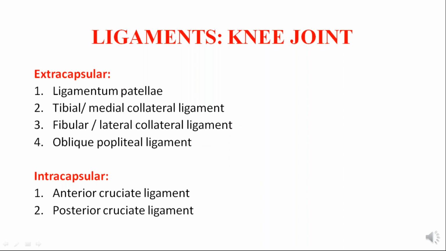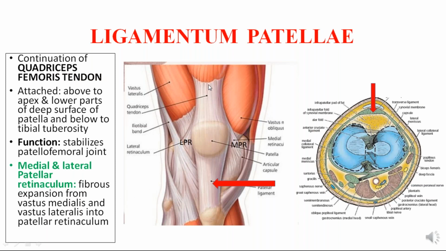Ligamentum patellae is the continuation of the quadriceps femoris tendon. It is attached above to the apex and the lower parts of the deep surface of the patella, and below it is attached to the tibial tuberosity. It stabilizes the patellofemoral joint. In this picture also, we have already seen this was the ligamentum patellae.